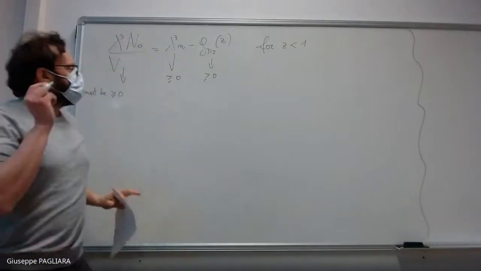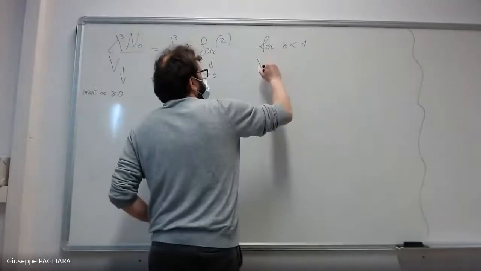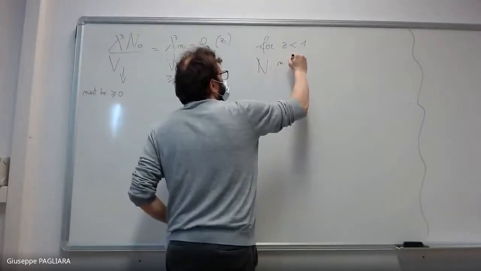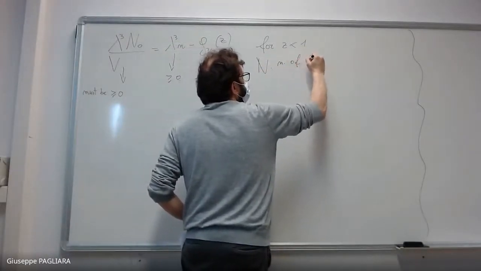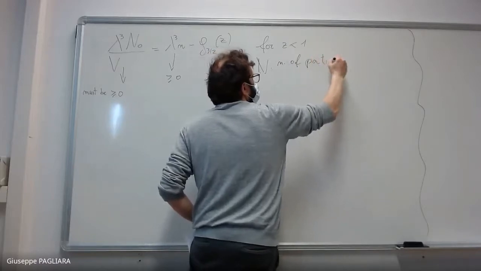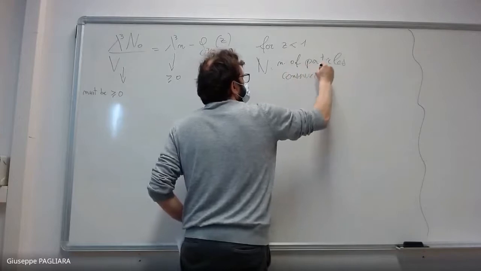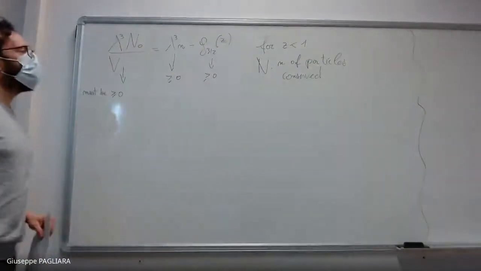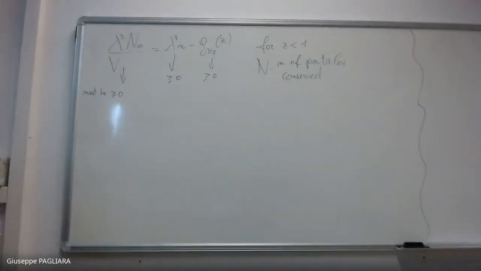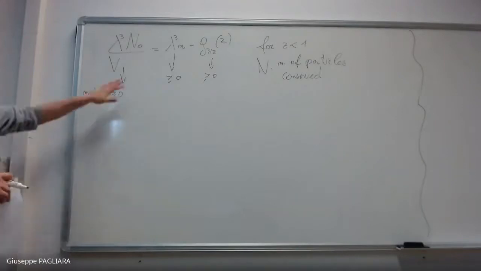Now, here this is important, the number of particles n is conserved. If the number of particles is conserved, then somehow you have to arrange this number of particles between the continuum and the ground state.